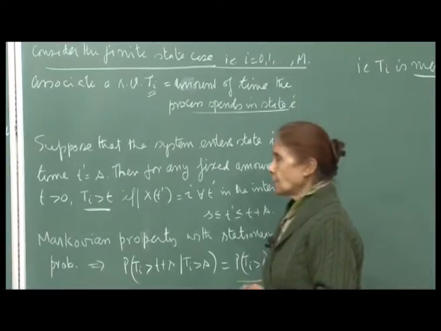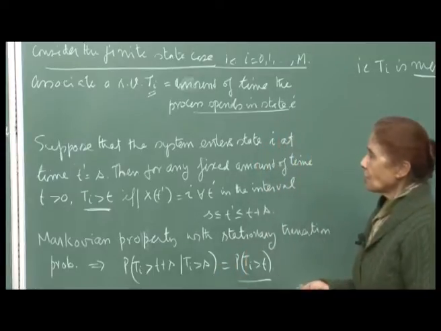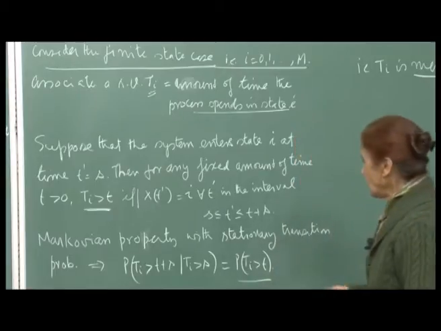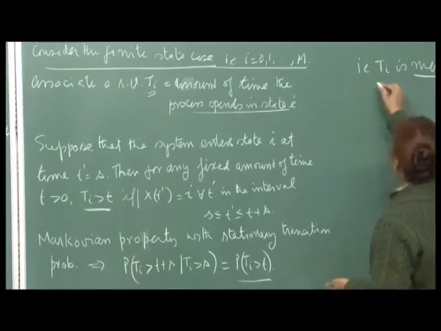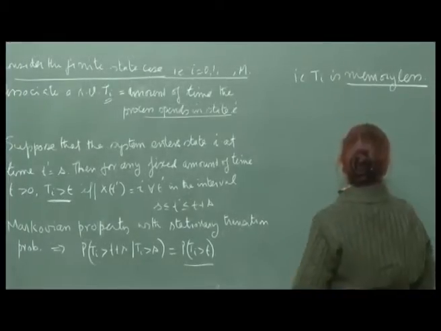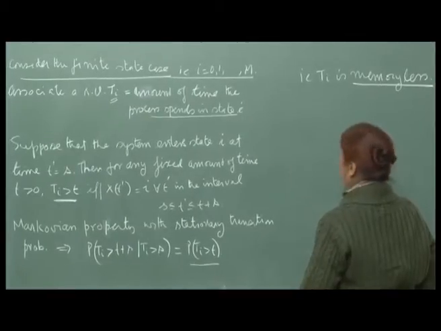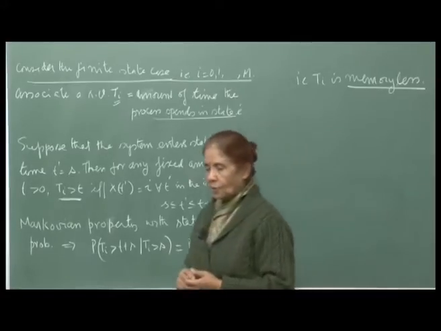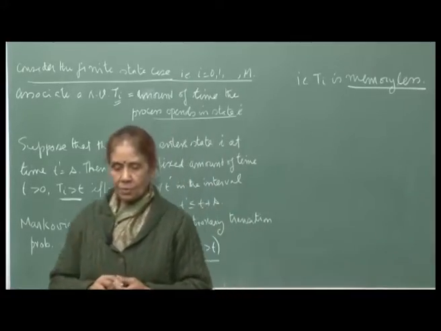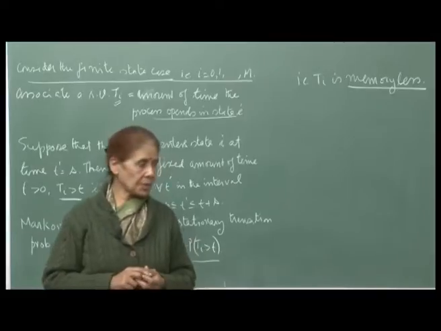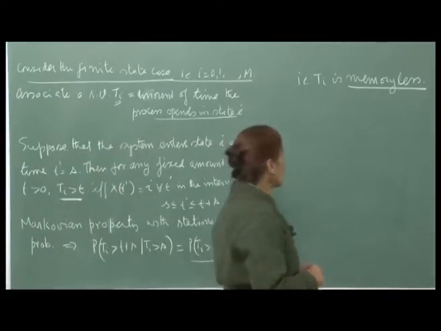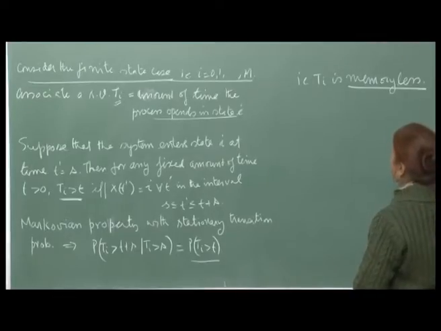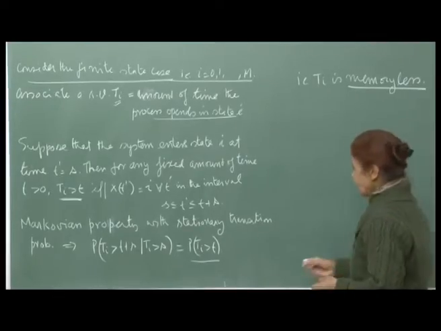So, when you take the continuous process and you impose the Markovian property, it actually translates to saying that this random variable T I is memoryless. And you remember, when we talked of the negative exponential distribution, we said that any random variable which has a negative exponential distribution is memoryless.